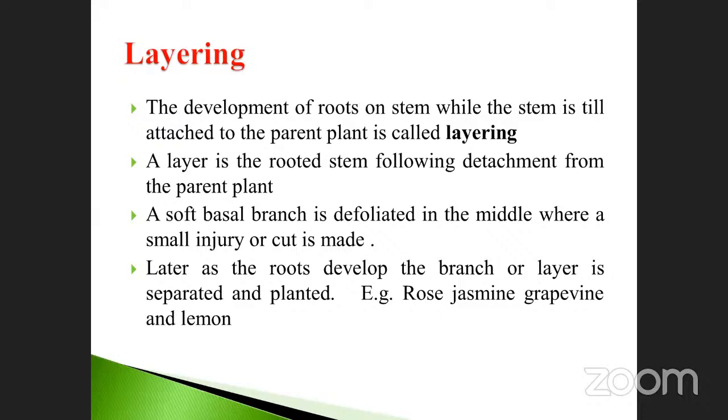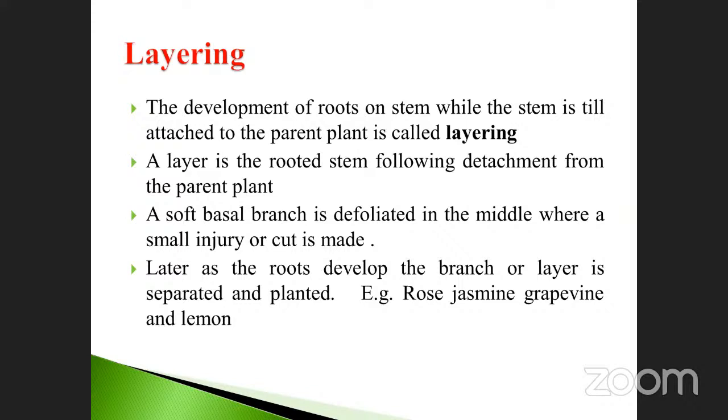Okay, take an example. Any one of the plants, as it is, just remove the bark of the plant. Select any stem, take a small blade and cut it at two places, and completely remove the bark only.